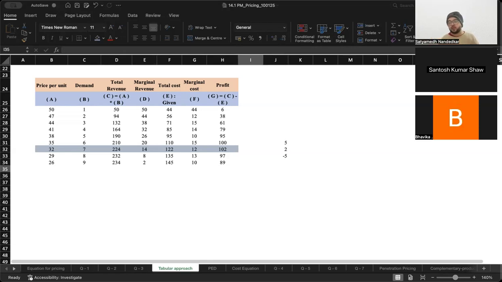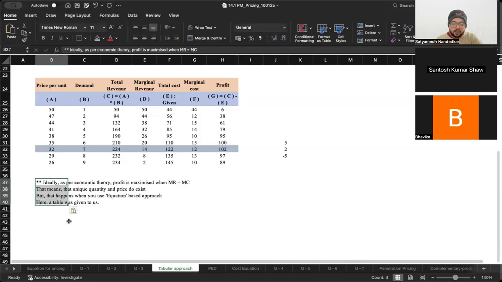If it's a mathematical equation, it will have a solution. Nobody is going to deny that. But that is not practical. You cannot sell 0.4 units. You cannot sell 0.3 units. You can sell 6. You can sell 7. So at 7, it is my optimum point.